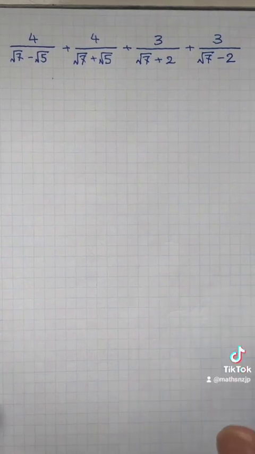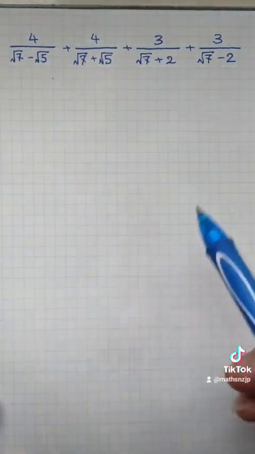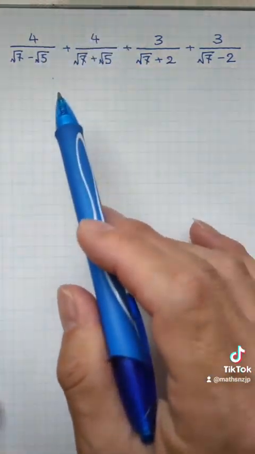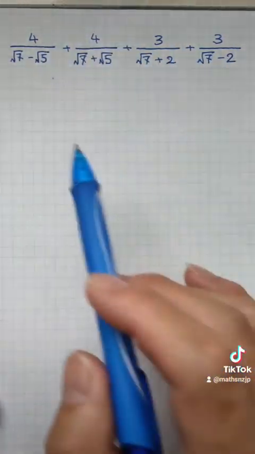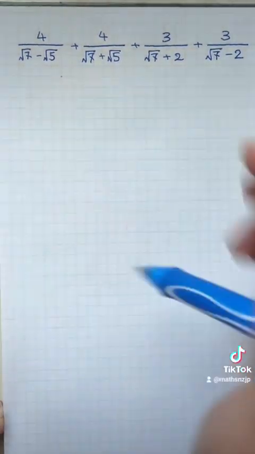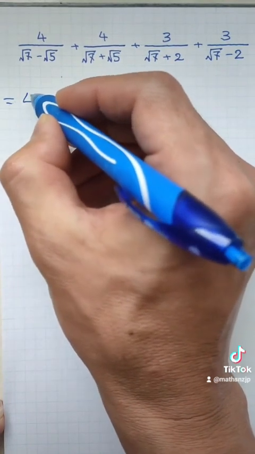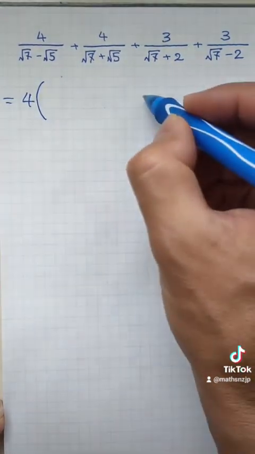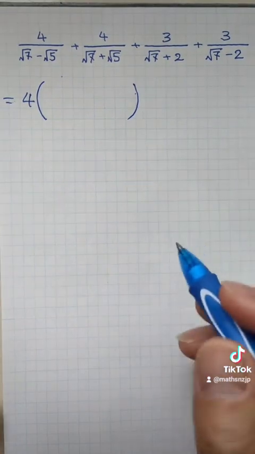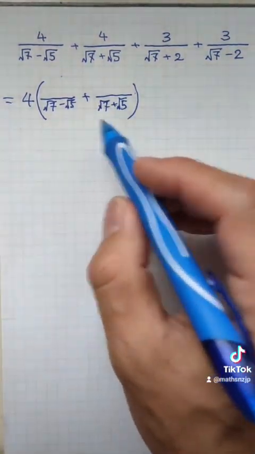I would like to look at these two numbers and these two numbers, and then try to figure out how you factorize these numbers. So first two numbers, you can put 4 in front of the bracket. And then the denominator stays the same, right?